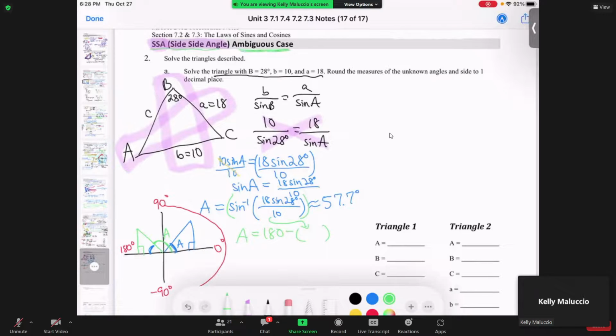It's the ambiguous case where there are multiple correct answers based on whatever they give you. The first answer is the 57.7, the one that we just got. And on a test or a quiz, I'll have to check if I may accept either.